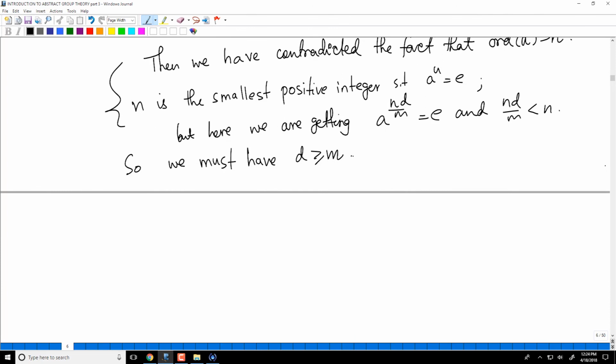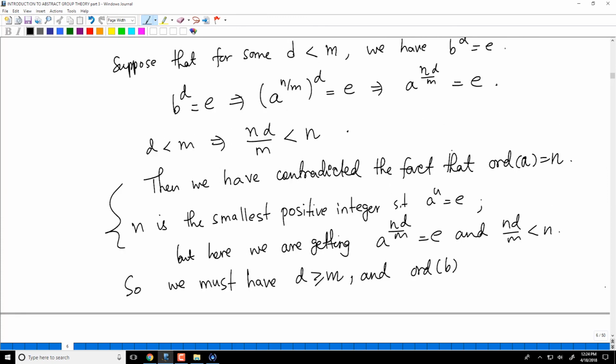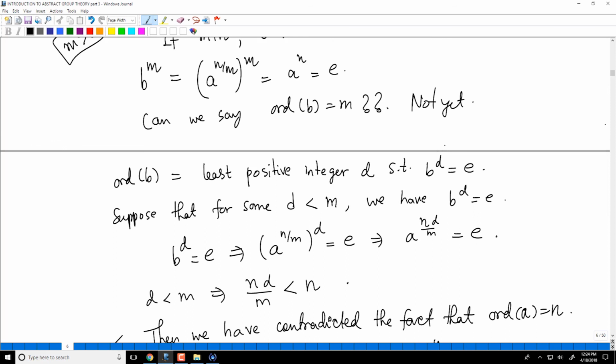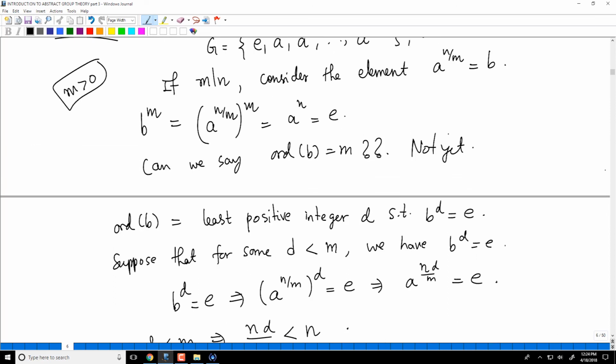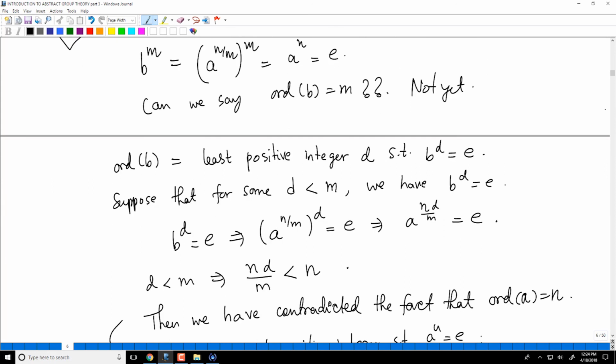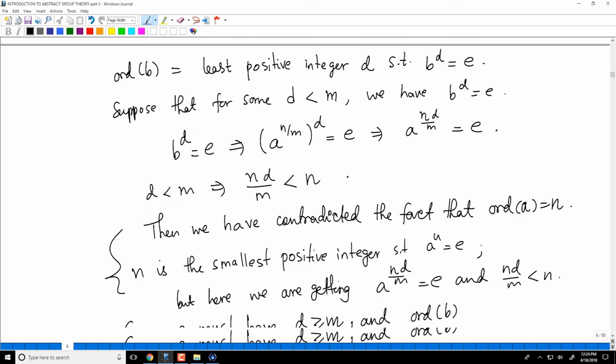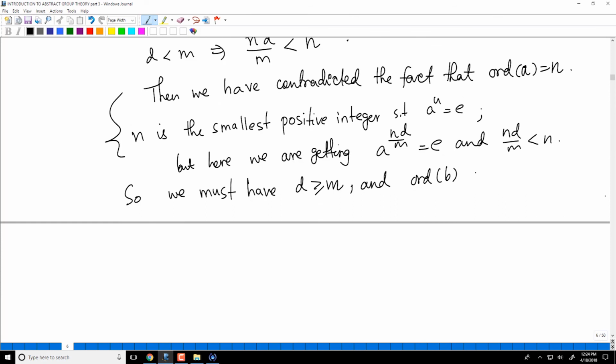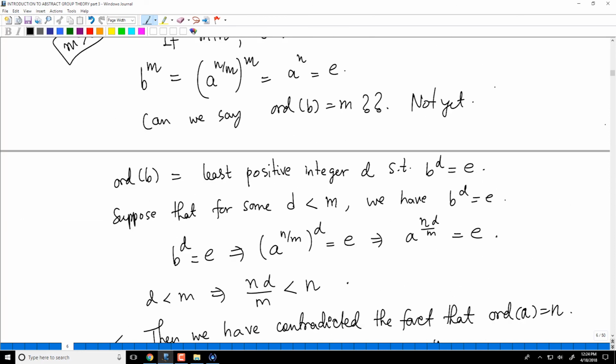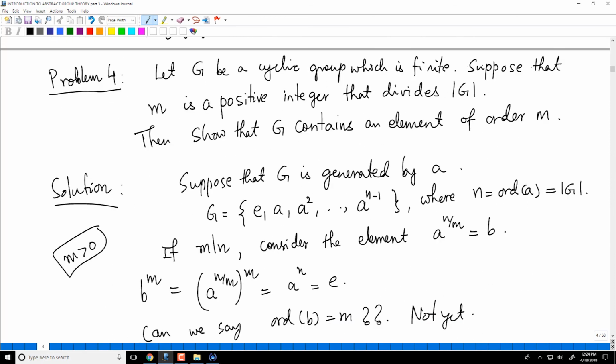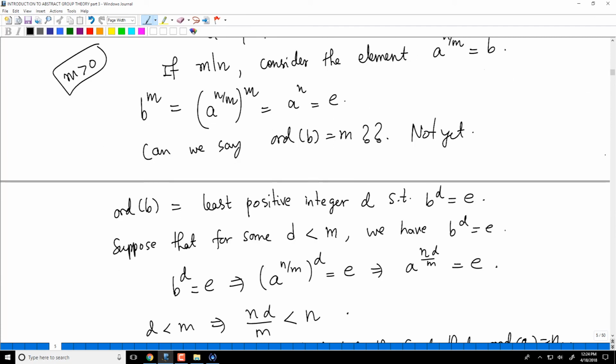So B power m is identity, where B is A power n by m, and no smaller power of B is identity. So the order of B is exactly equal to m, and this completes the solution of the problem, because we wanted to show G contains an element of order m, and we have shown that B is that element.